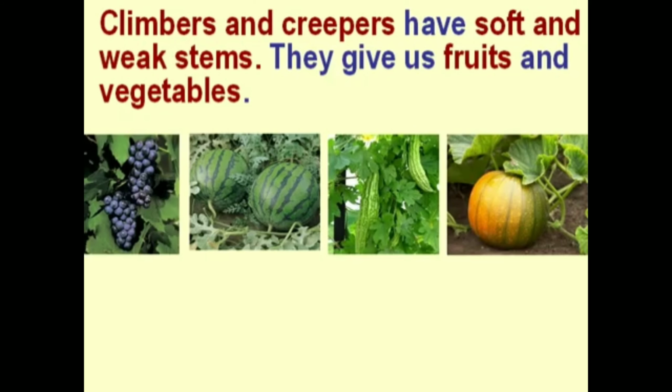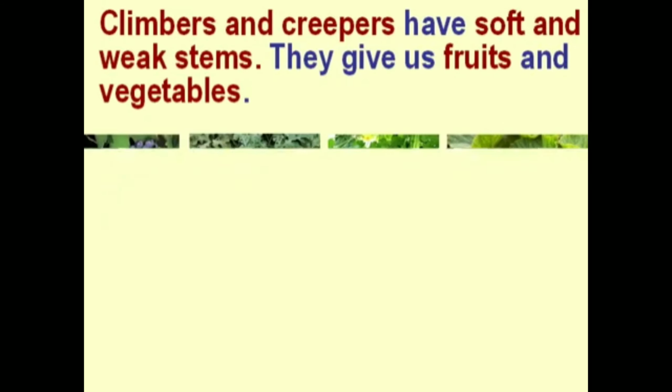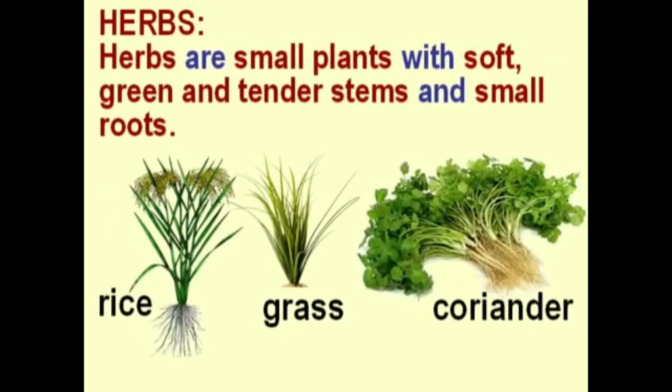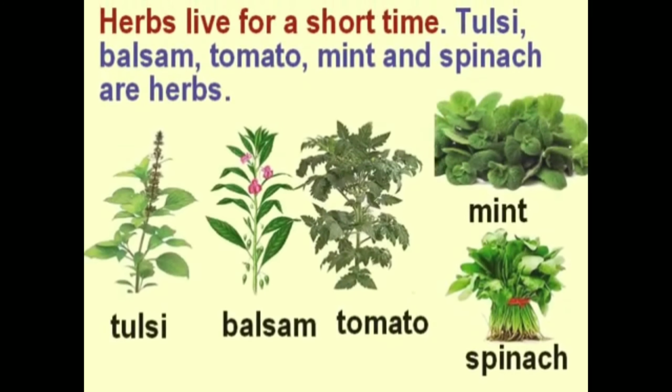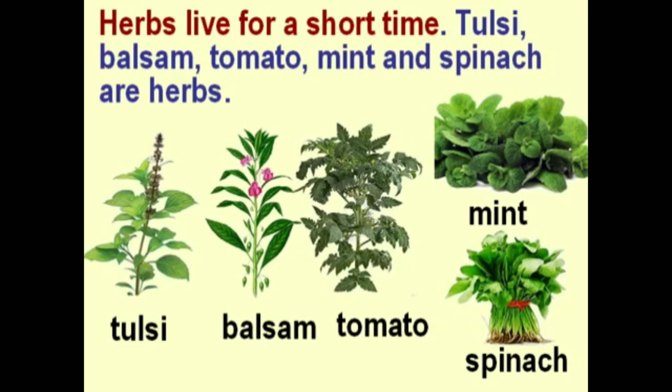They give us fruits and vegetables. Herbs are small plants with soft green and tender stems and small roots, like rice, grass, coriander. Herbs live for a short time. Tulsi, balsam, tomato, mint and spinach are herbs.